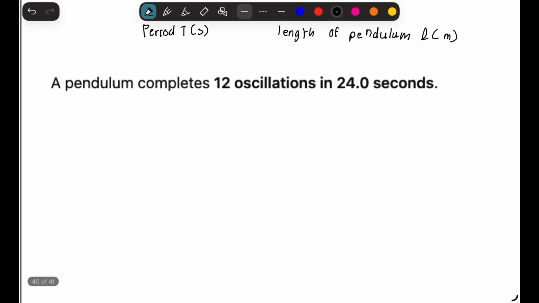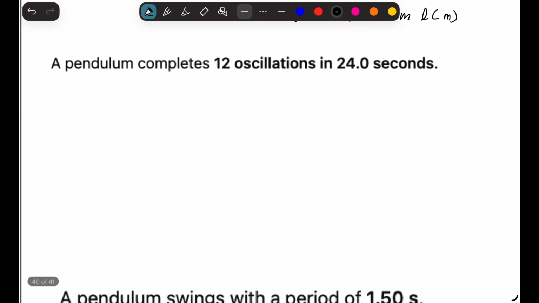So T is equal to the total time divided by the number of oscillations. Here we have 24 seconds as our total time and 12 oscillations, so that's 2.00 seconds.